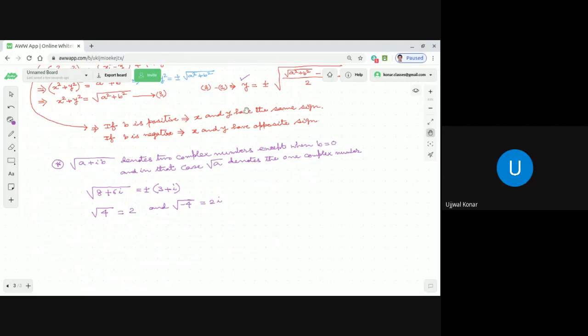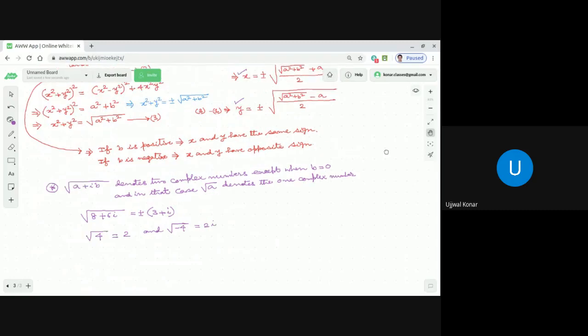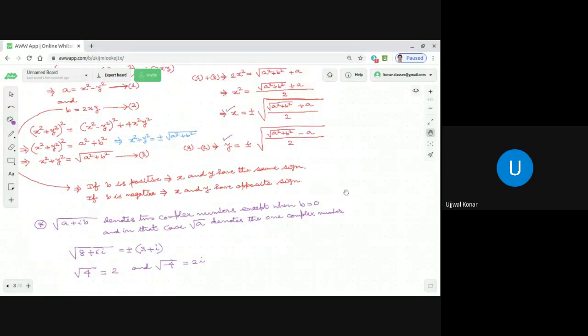What you observe here is that for the square root of a plus ib, if we assume that the square root of a plus ib is equal to x plus iy, then these are the value sets of x and y we get. Now the point is that for a plus ib, x has 2 values, correct or not? And y has 2 values from here.